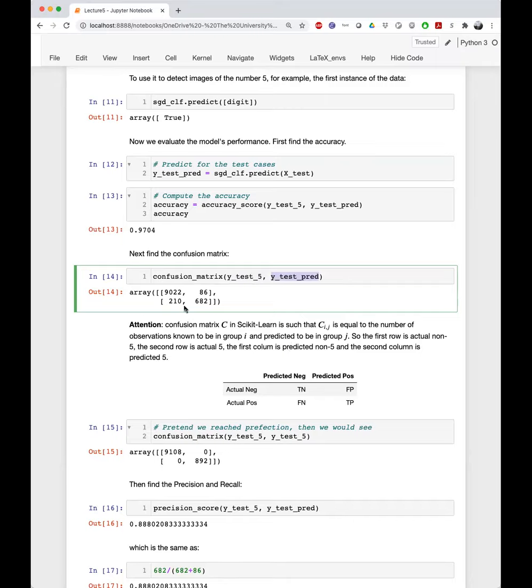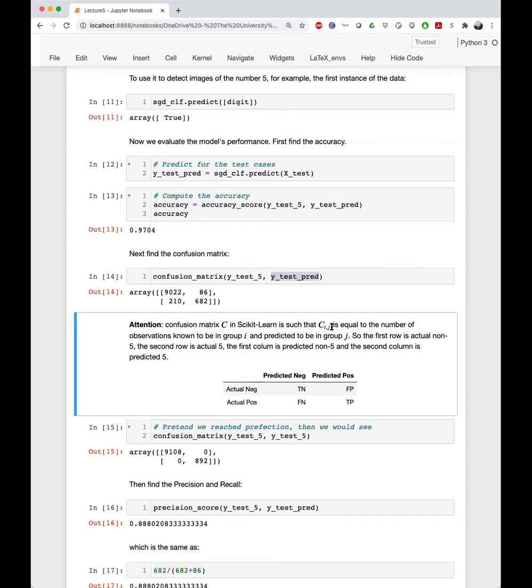So here, the ij term, this is the 0, 0 position. This is 0, 1. This is 1, 0. This is 1, 1. So the ij subscripts mean the first number is the actual class, and the second one is the predicted class.